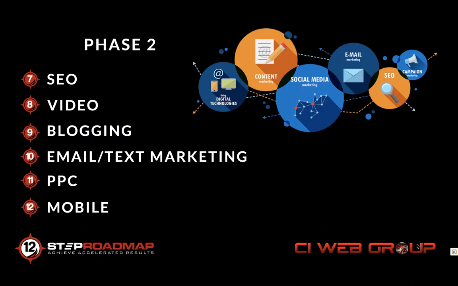The other major difference in working with CI Web Group over working with another agency is we are an international company, both in customers and in team. Our business has the ability to see where Google is testing, what they're testing in the areas that Google tests. When Google makes a major change, it doesn't make a major change in El Paso, Texas, or San Antonio, Texas, or Dallas, or Houston, or anywhere in Texas.